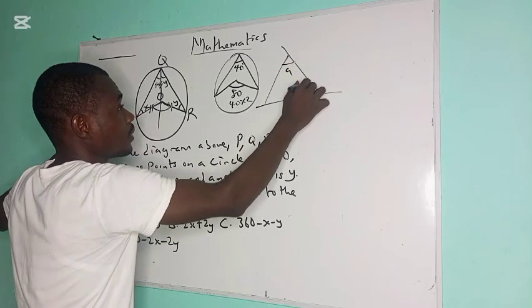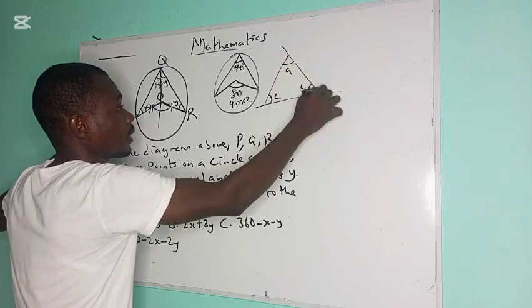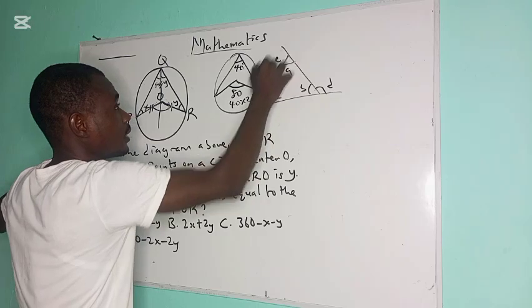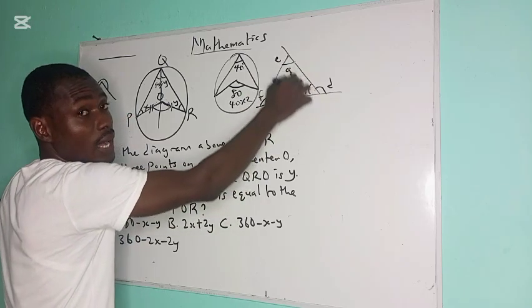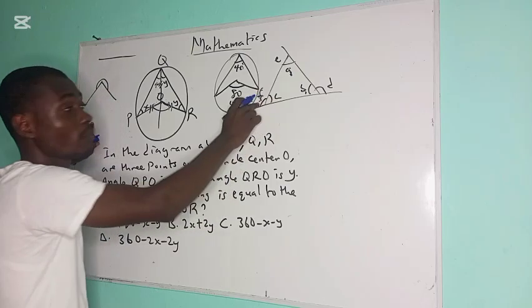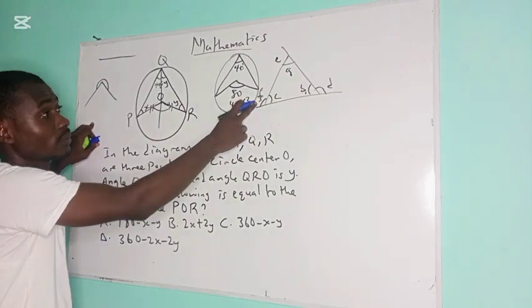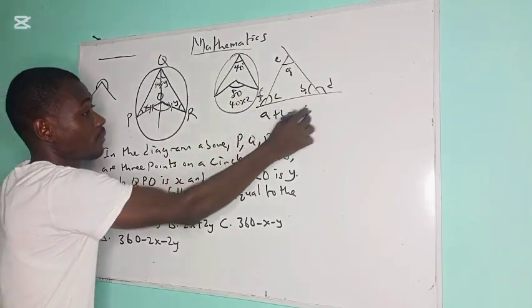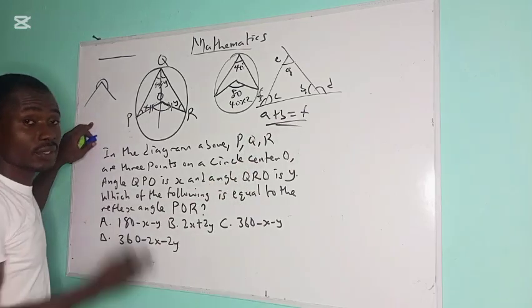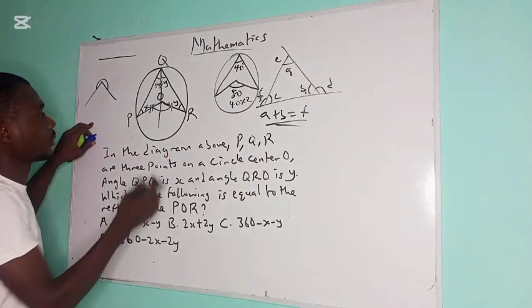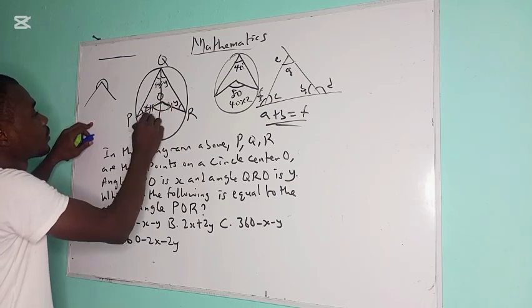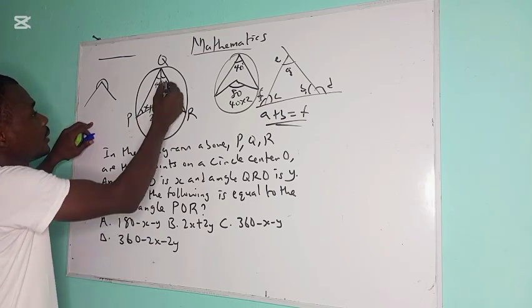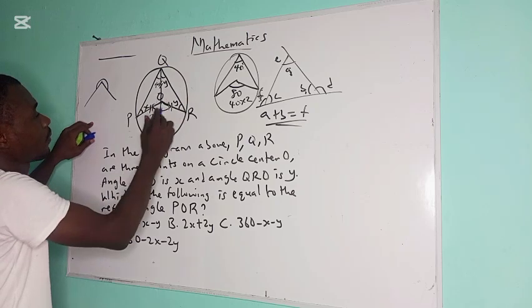If I have A, B, F, then A plus B is equal to F. You can check my videos on that. So x plus x gives me 2x, and y plus y gives me 2y.